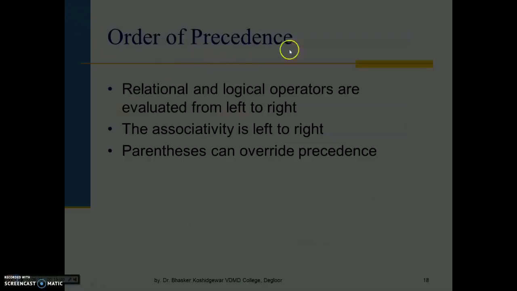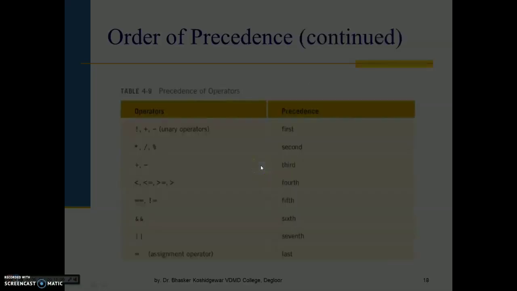What is the order of precedence? Relational and logical operators are evaluated from left to right. The associativity is left to right, and parentheses can override precedence. These operators all have precedence. First, the exclamation mark, plus, minus and unary operators execute.